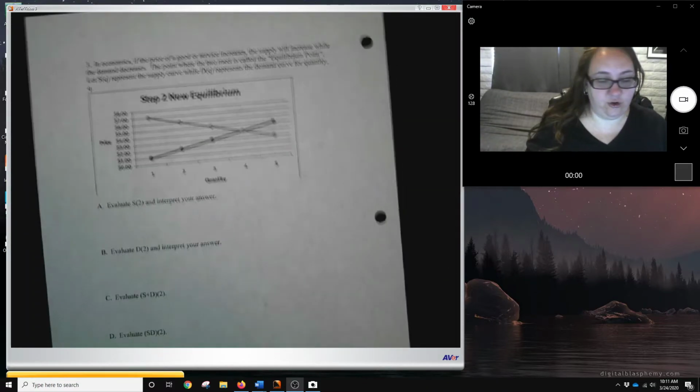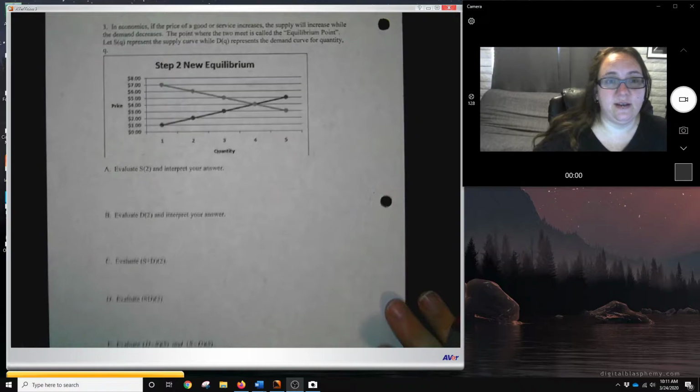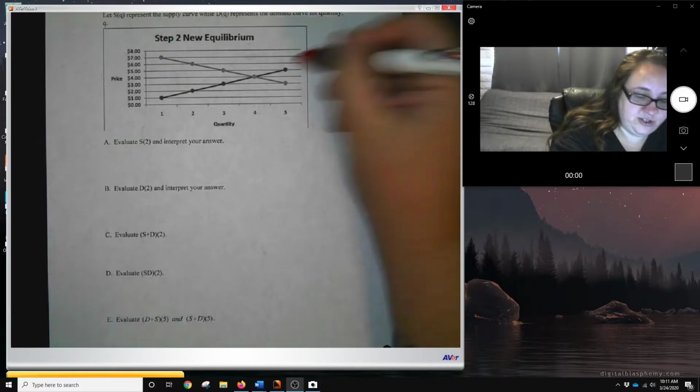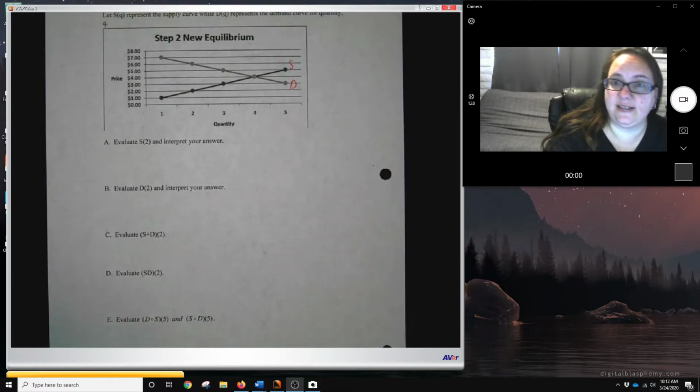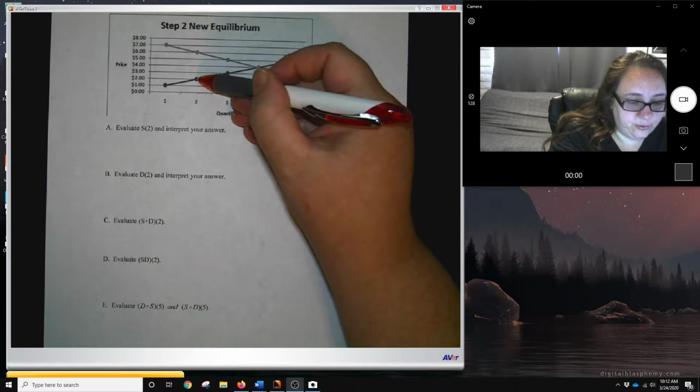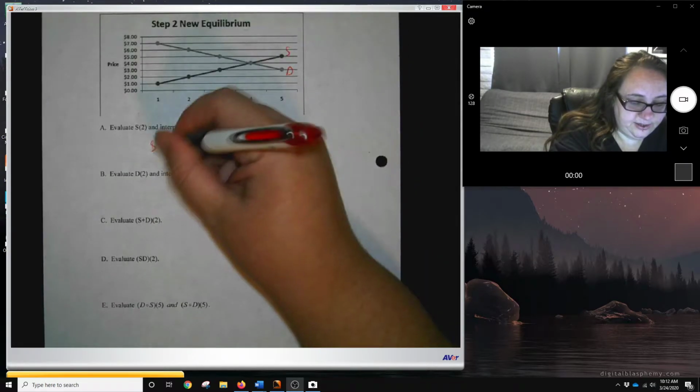Here, if we're looking at this graph, this is a supply and demand graph. So it says as the supply increases, the demand decreases. So that means this is supply and this is demand. So S of 2 would be $2.